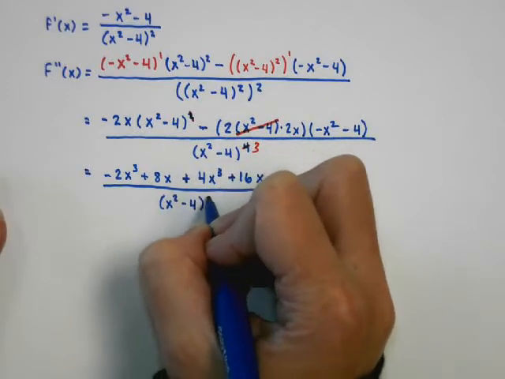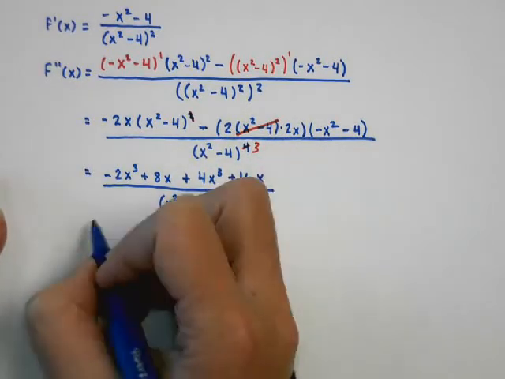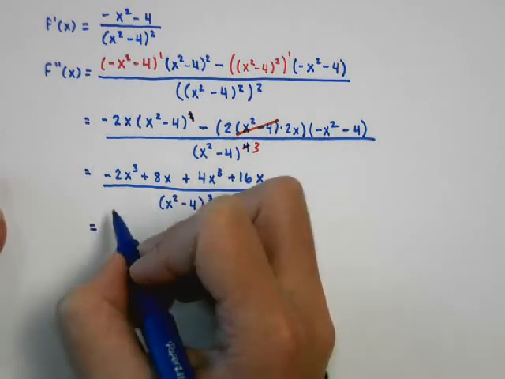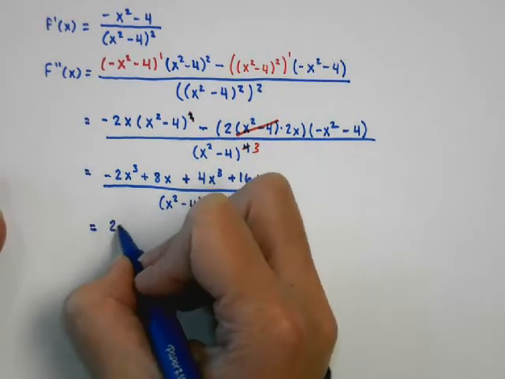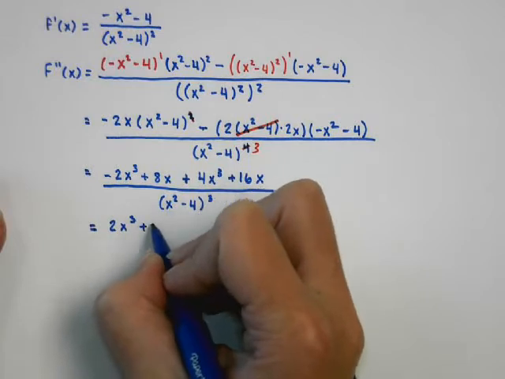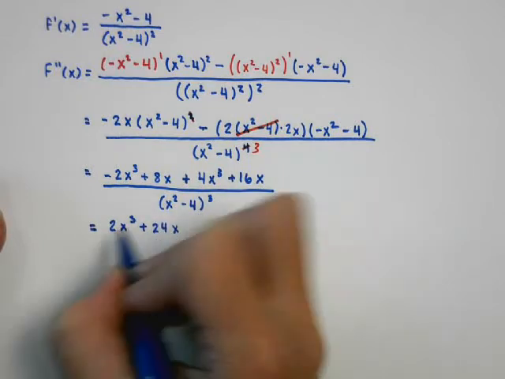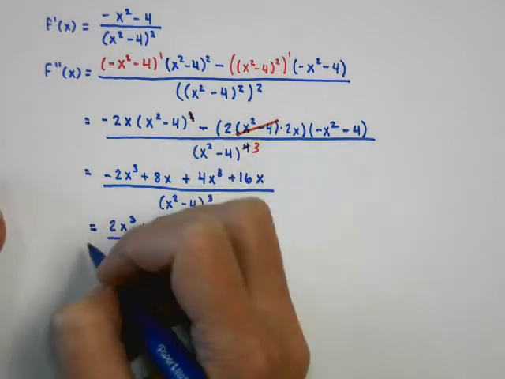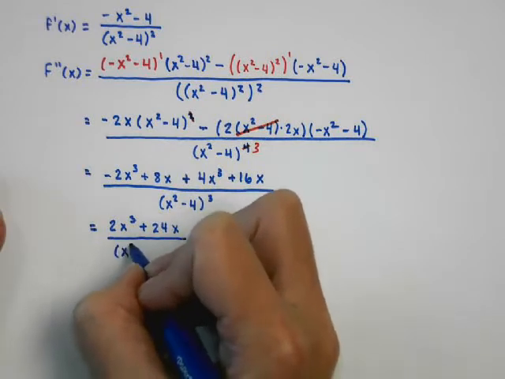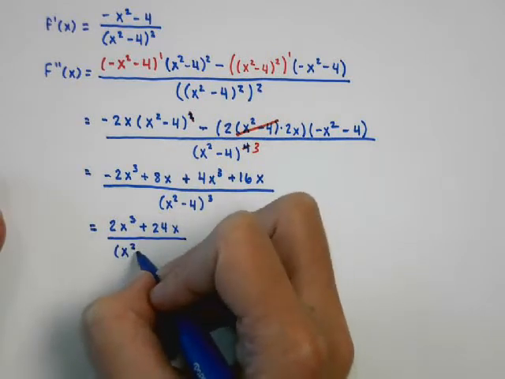So combining like terms, we have 2x cubed plus 24x over x squared minus 4 cubed.